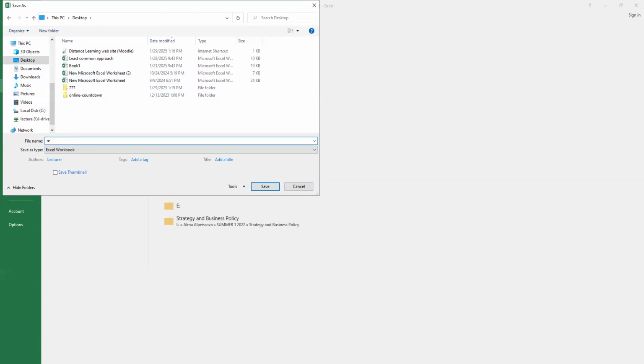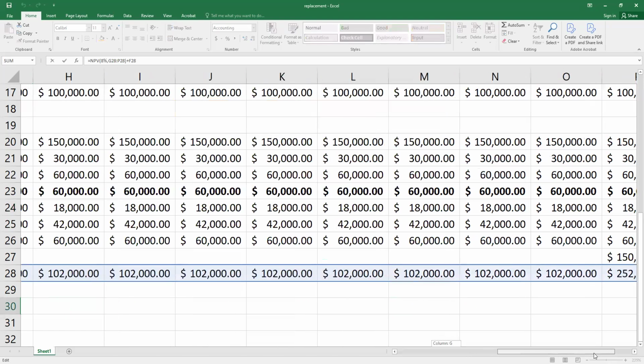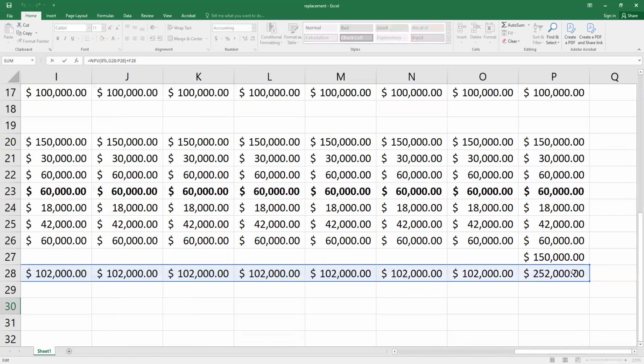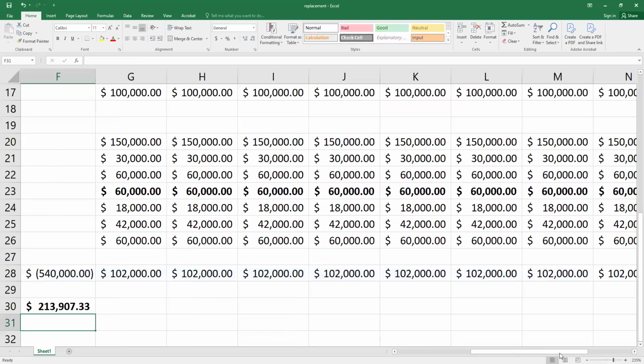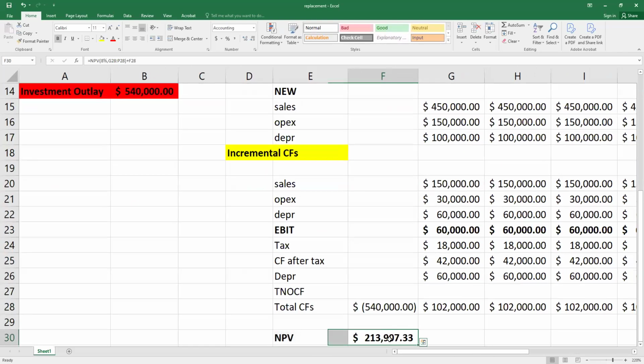Replacements. So what do you want me to show again? NPV. Did you add the last total cash flow? Formula, okay.